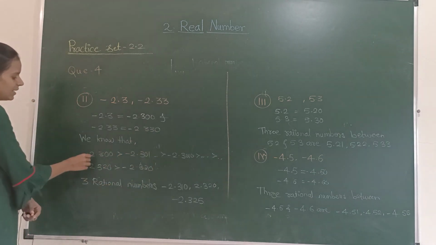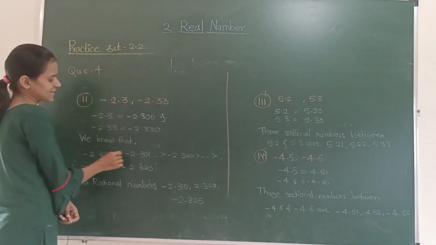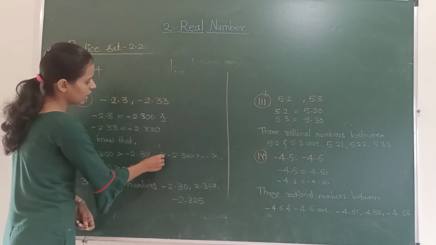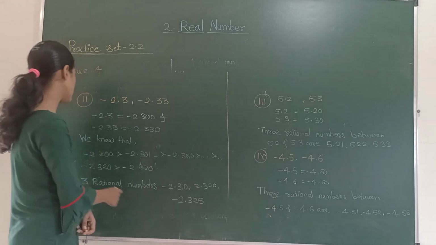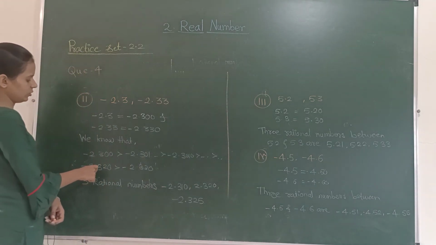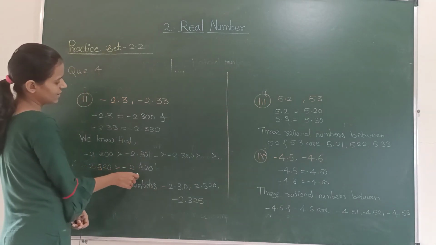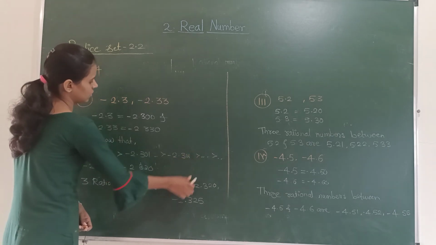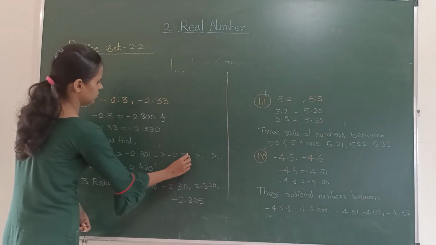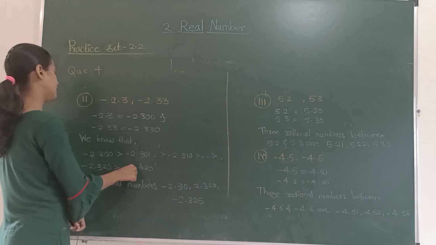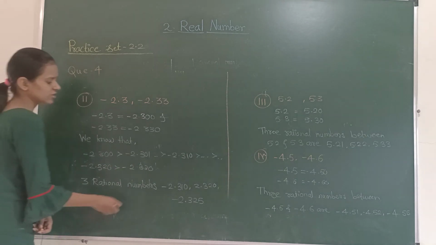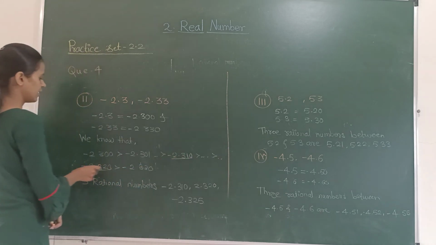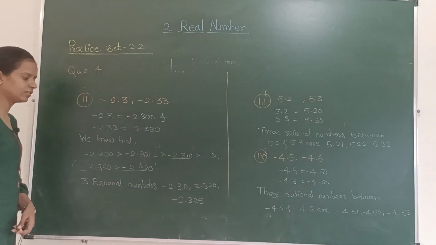We know that minus 0.300 is greater than minus 0.301, and is greater than minus 0.3010 and so on. Therefore, we can write the three rational numbers as minus 0.310, minus 0.320 and minus 0.330.